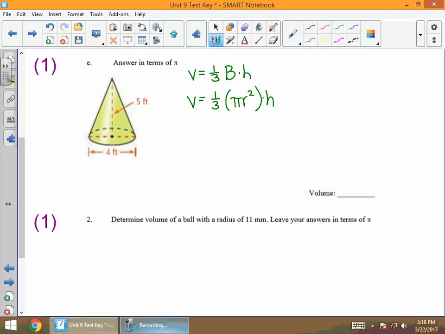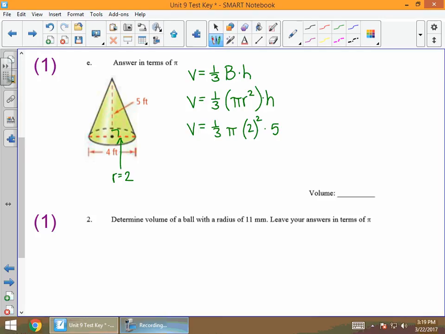If the base is 4 feet across, then the radius is half of 4, which is 2. And the height has to be the vertical height from the center of the cone straight up, which it tells me is 5. So my volume is 1/3 pi 2 squared times the height of 5.